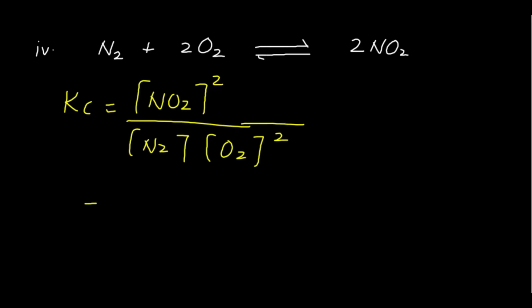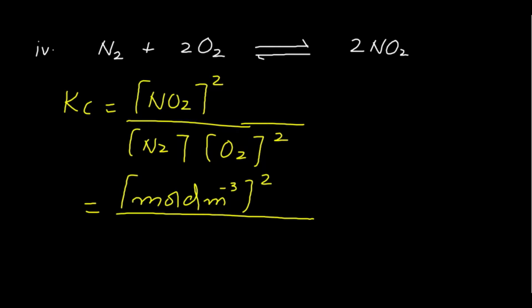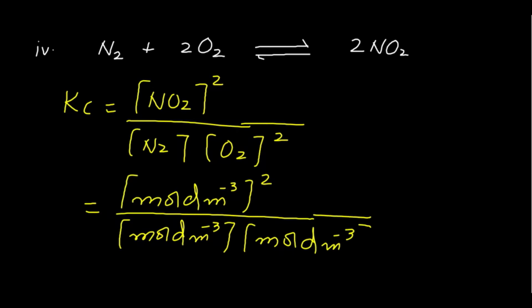Right, students? Now we write their values, that is mole per cubic decimeter raised to the power 2, right, students, over mole per cubic decimeter, right, students, into mole per cubic decimeter raised to the power 2.